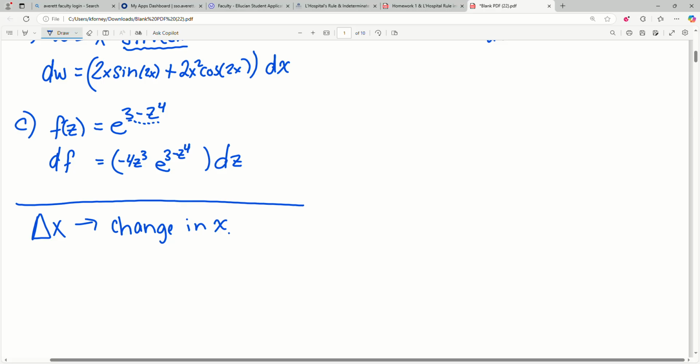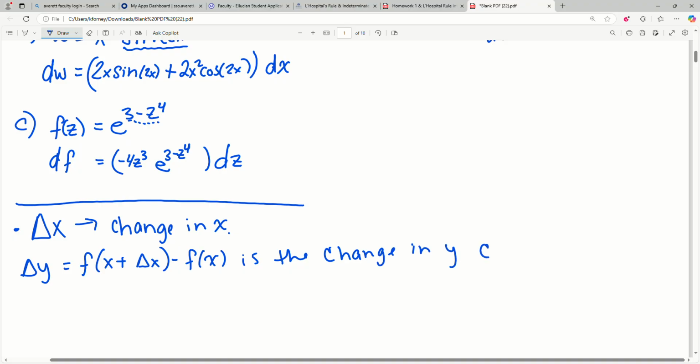So if we take this as a little note, then we can say delta y is f of x plus delta x minus f of x, which is the change in y corresponding to the change in x.